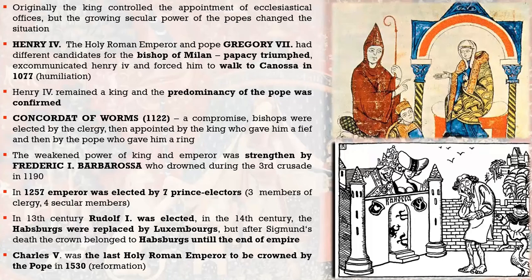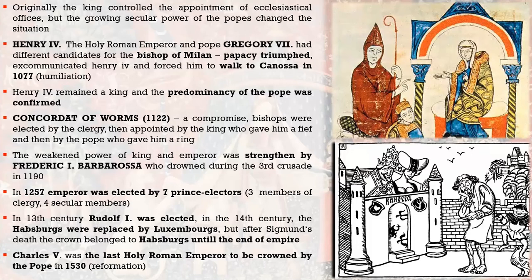It was in 1122 and it was a compromise. So in the end, the Pope gave something to the Emperor as well, and so they made a compromise. This was that bishops were elected by the clergy, so not just by the Pope, but there was something like elections. Then he was appointed by the king, who gave him a fief.